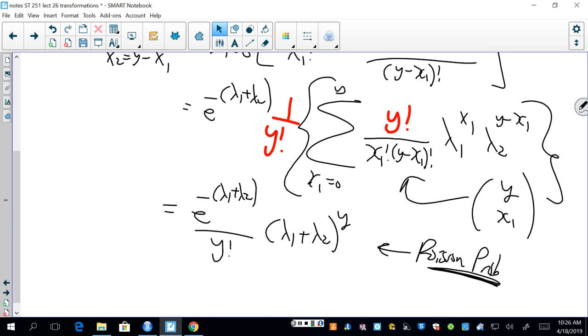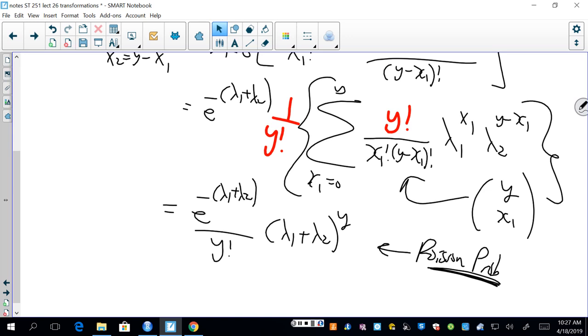Right? So, (lambda 1 plus lambda 2) to the y. If you expand all that out, you get lambda 1 some of the times and lambda 2 some of the times. Y is a count, the number of times that it happens. So you can have a certain number of times that are lambda 1 and a certain number of times that are lambda 2 from expanding that.